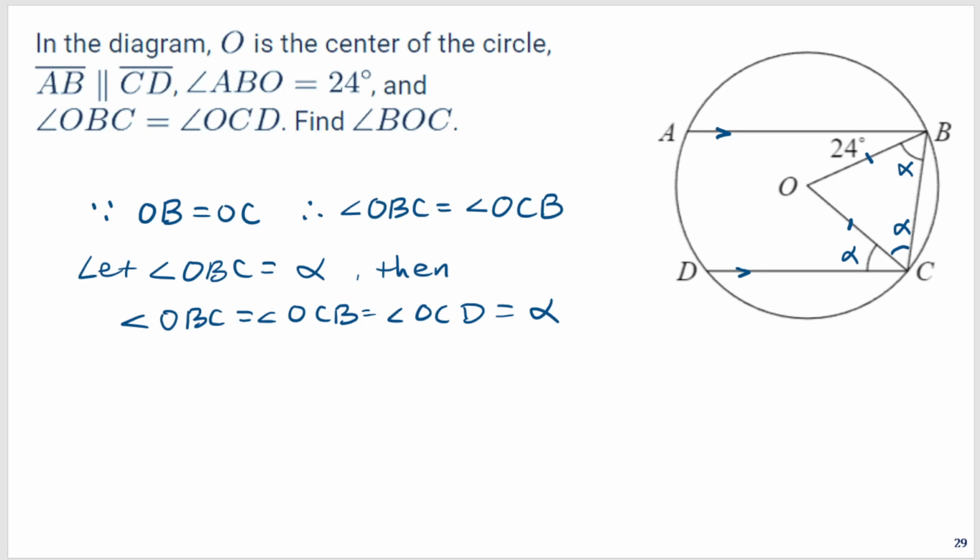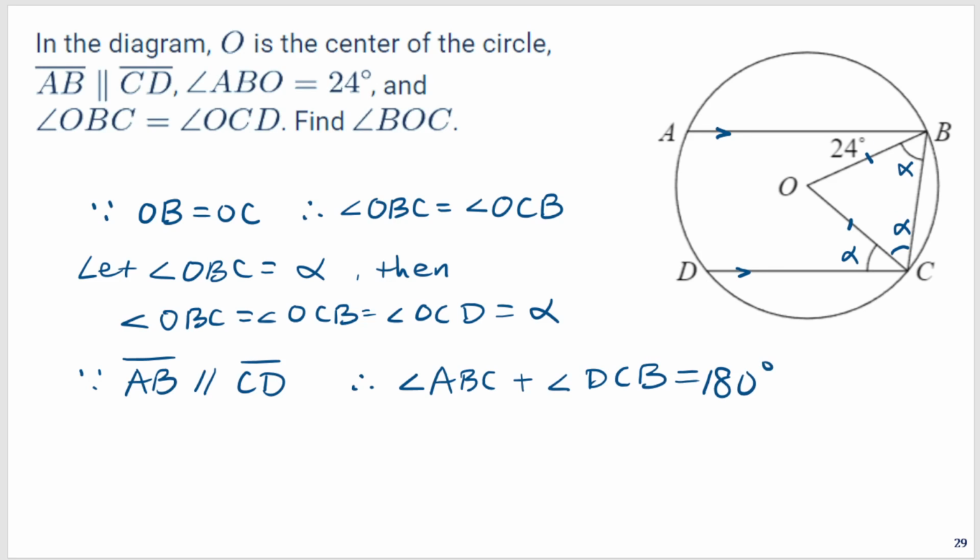Therefore, because AB is parallel with line CD, these two angles add up to 180 degrees, right? Angle ABC plus angle DCB equals 180 degrees, right?